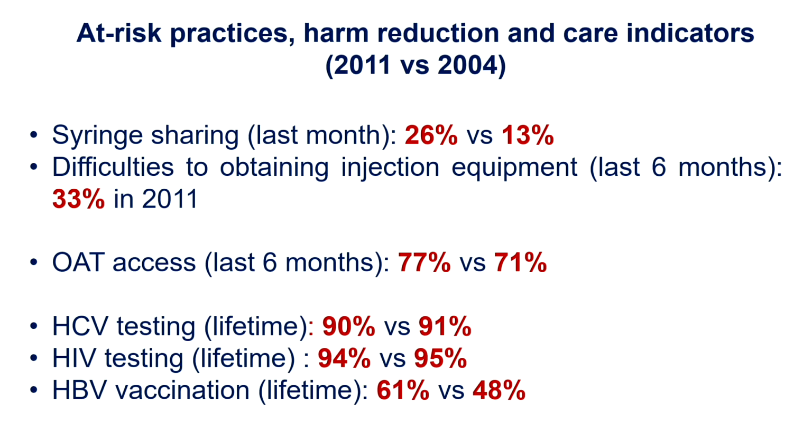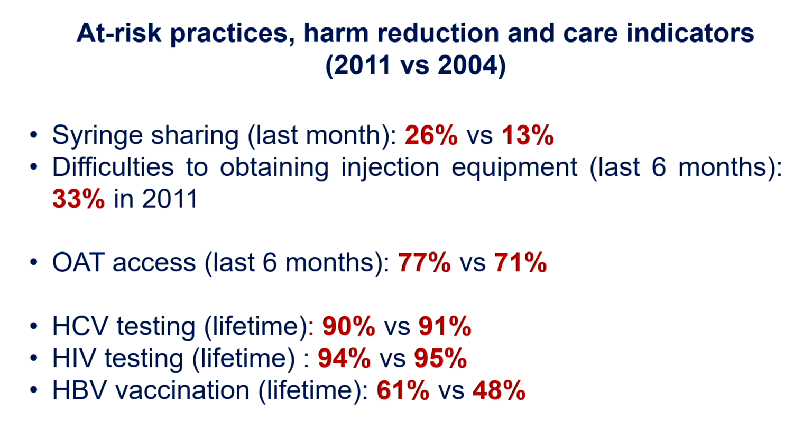To reduce social desirability bias on this topic, we ask "at least once" to be sure that people who share not often will also declare that they share syringes, but it was the same in the two editions.